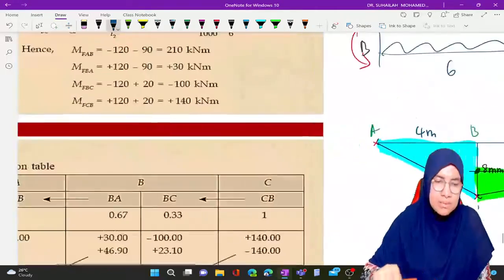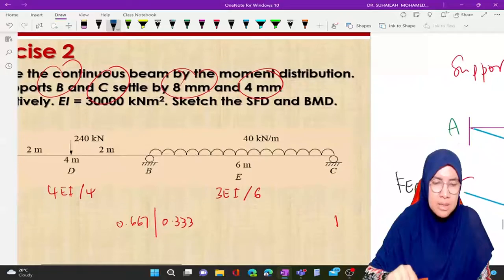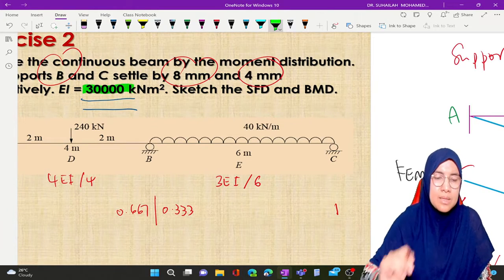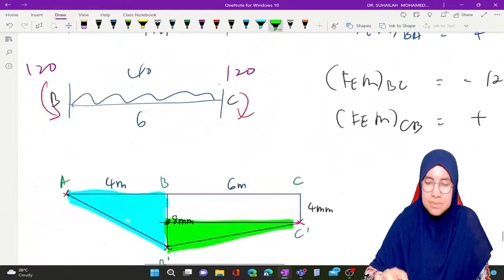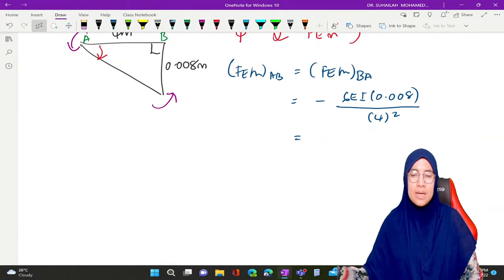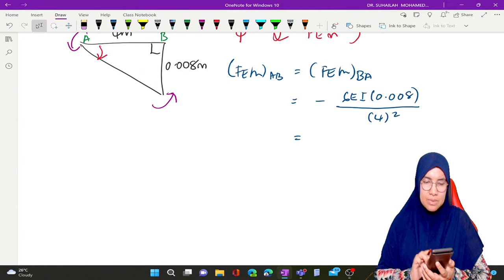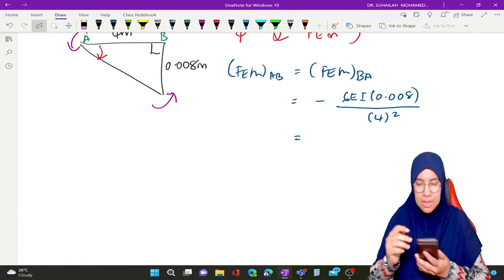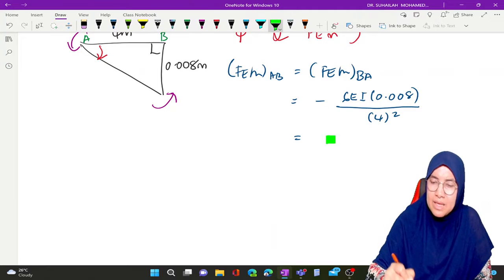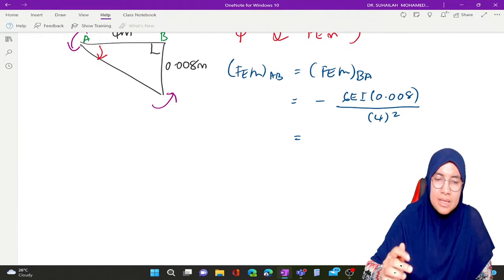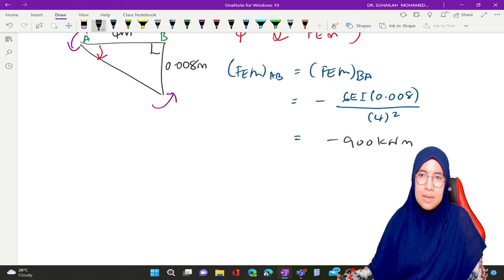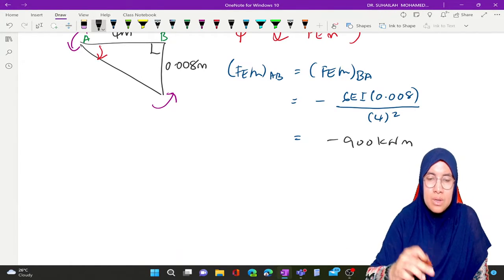EI is given in the question, 30,000. So it is 6 times 30,000 times 0.008 divided by 16. So we get negative 900 kilonewton meter. So this is for AB.